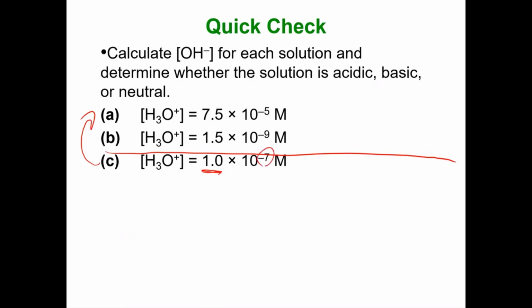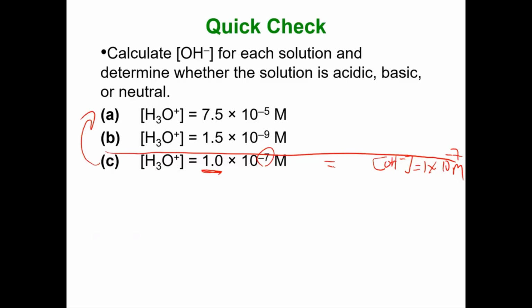So I know, and this is minus 7, my hydroxide has to be 1 times 10 to the minus 7. And because these are equal, that makes C what? Well, yeah, it makes the hydroxide 1 times 10 to the minus 7, and it makes it a neutral solution. Neutral, yes.